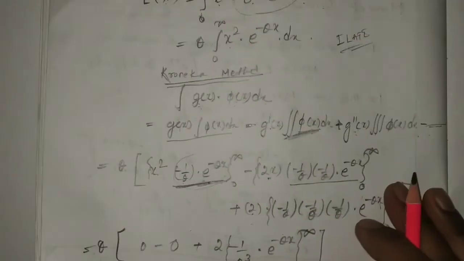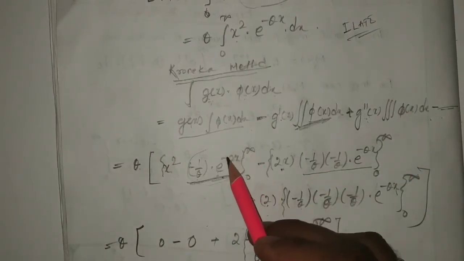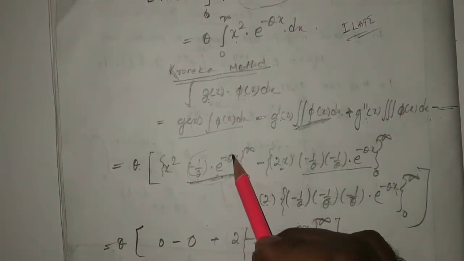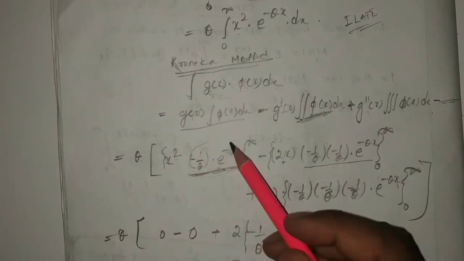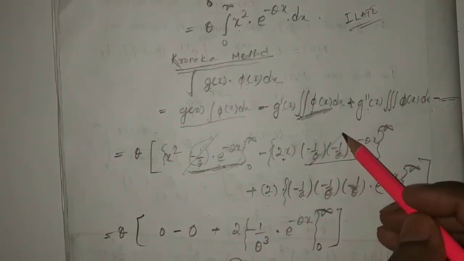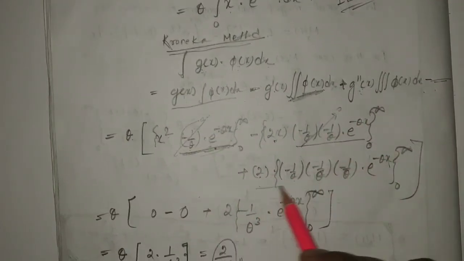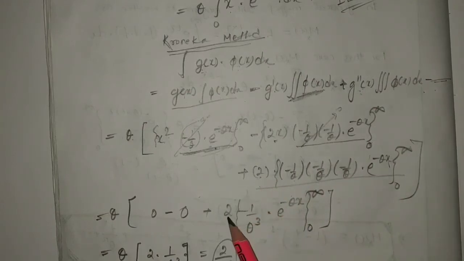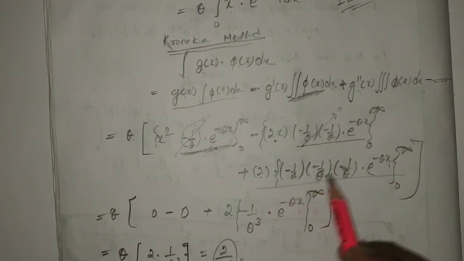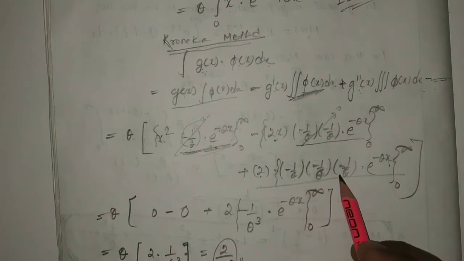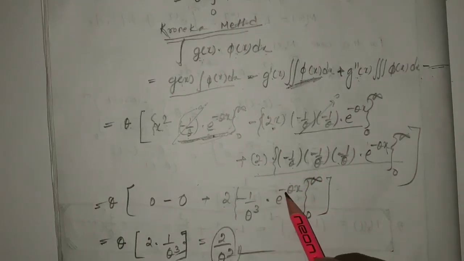So here you can see that if I put infinity as the limit, then e to the minus infinity will be 0, so this term will be 0, and likewise this term also will be 0. Now consider this term: 2 is there, and with the minus signs we get minus 1 by theta cube into e to the minus theta x, 0 to infinity.